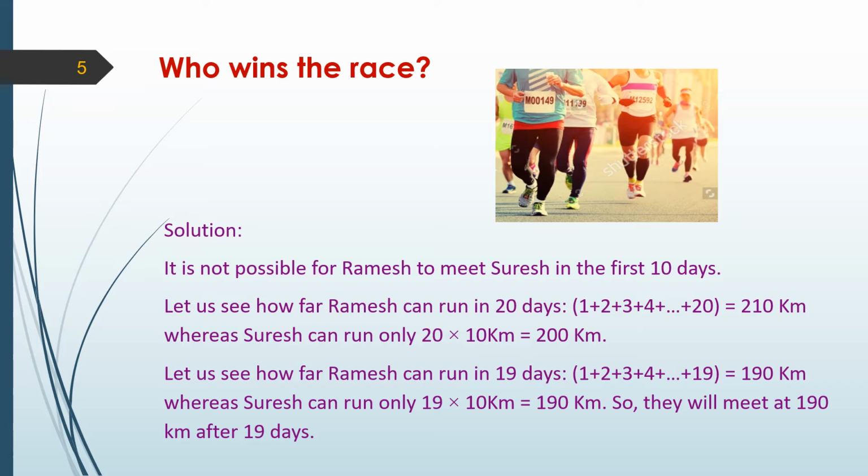So again, they have to adjust the days and find out how far Ramesh can run in 19 days, and then they can find out that they will meet. So every student may adopt a different strategy, but they can find that they will meet at 190 kilometers after 19 days.